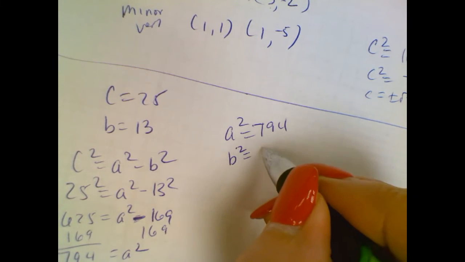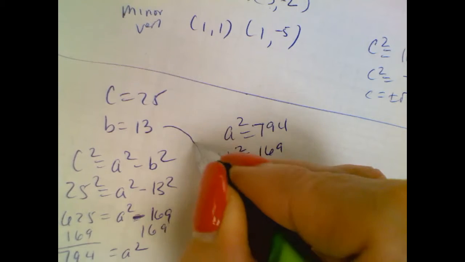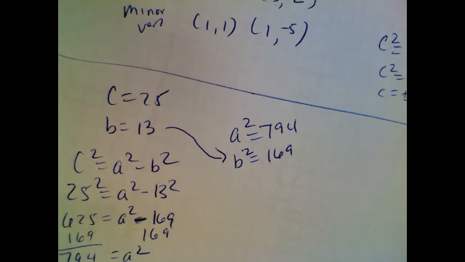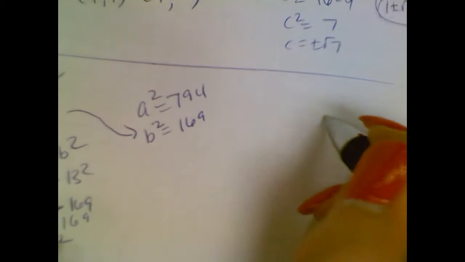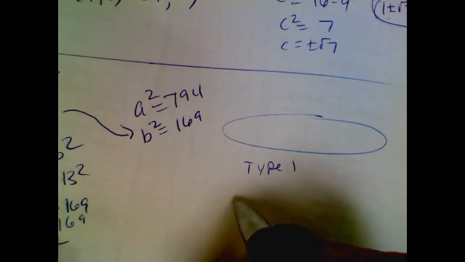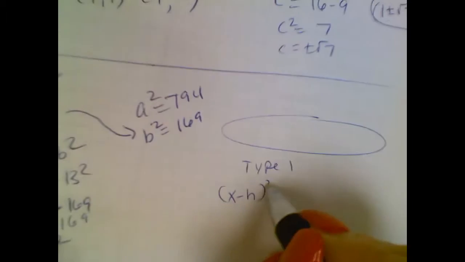b squared is 13 squared, which is 169. So you take that b and you square it. Those are always in your equation. It looks to me that the center is 0, 0 in this problem. It's longer this way, right? So we need type 1 on the front of your notes, which is this. I'm going to write down the formula.